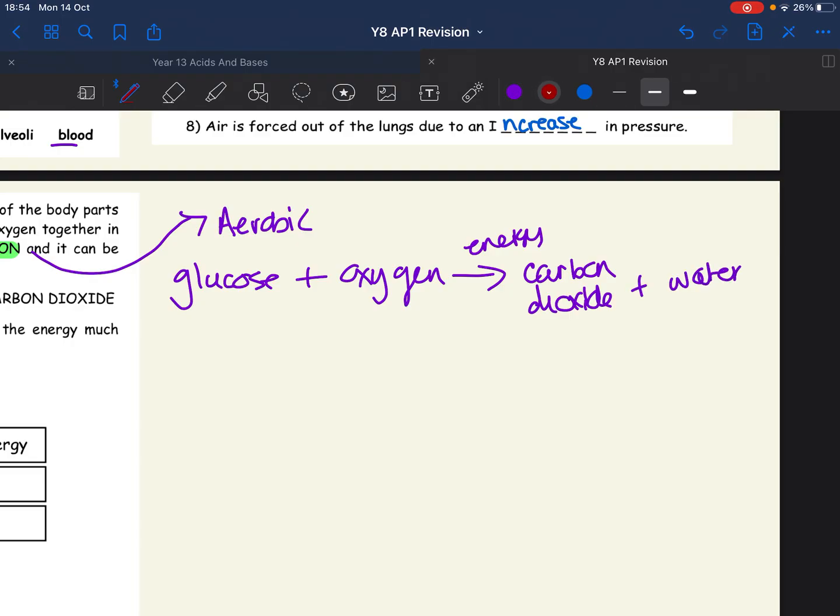So in exercise, what happens is we have an increase in blood supply so that we can have more supply of this glucose and oxygen in the blood so that more energy can be released.